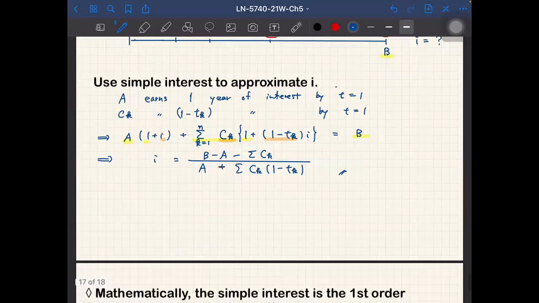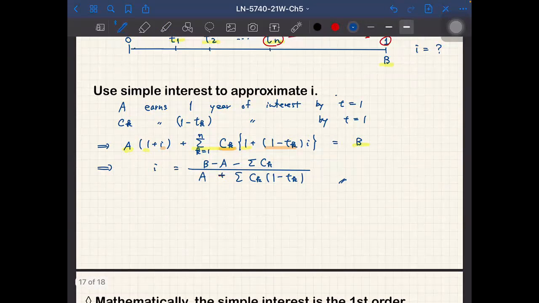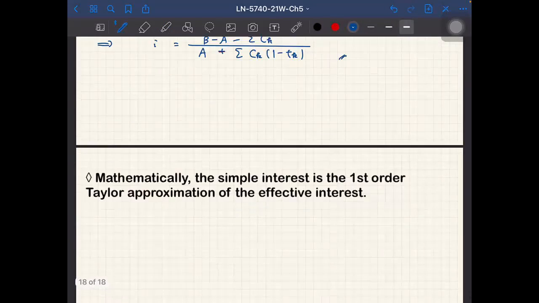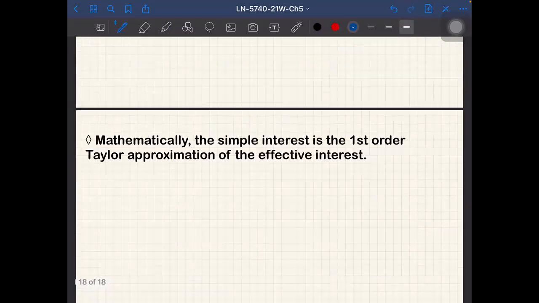Okay, so why is simple interest justified to approximate the annual effective rate? Actually, the simple interest rate is the first order Taylor approximation of the effective interest. So we consider a specific payment, Ck dollars at time Tk.